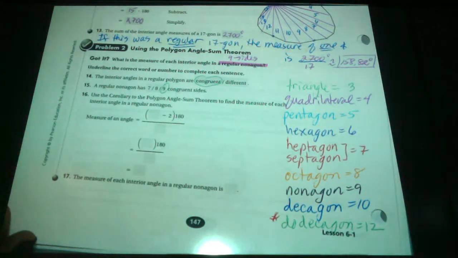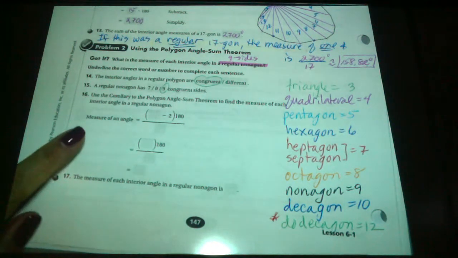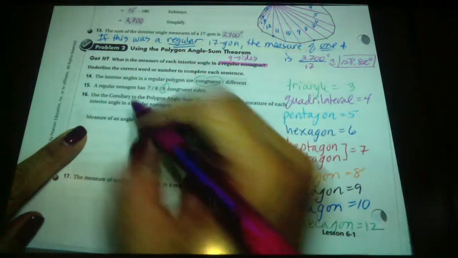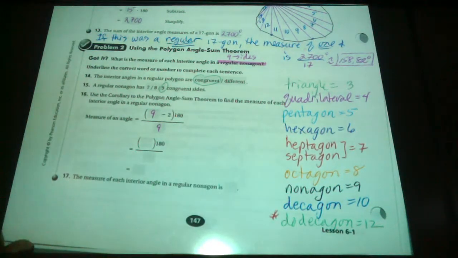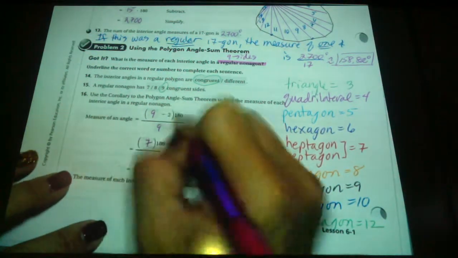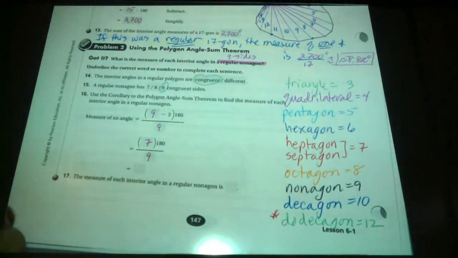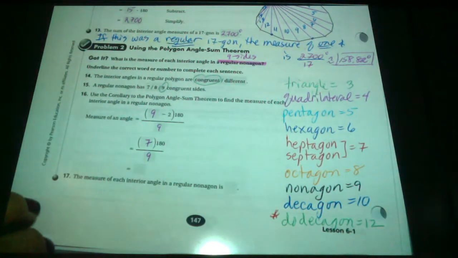A nonagon, we just said, has 9 sides. So we're going to use the sum angle theorem to find the measure of one angle. So we're going to take our 9 minus 2 and divide it by 9, which gives us 7 times 180 divided by 9. So what's 7 times 180?